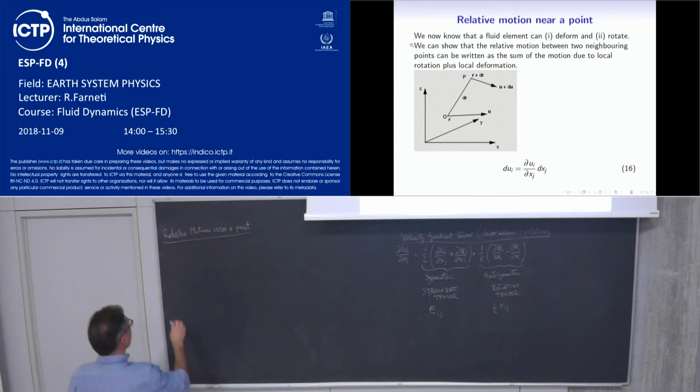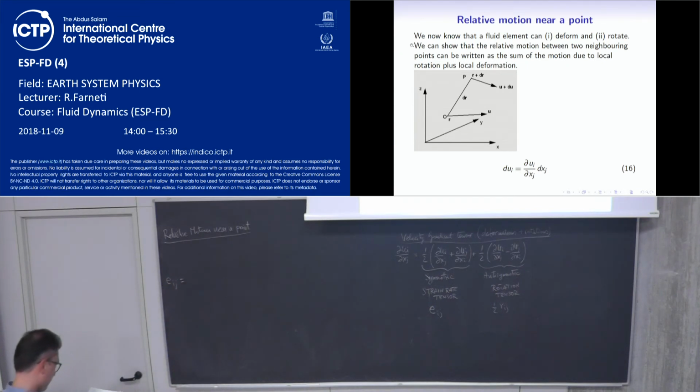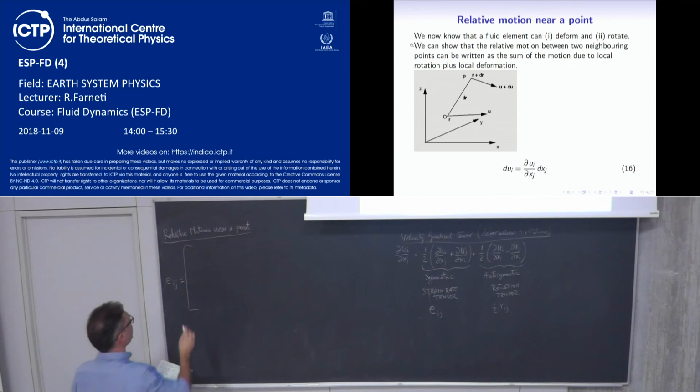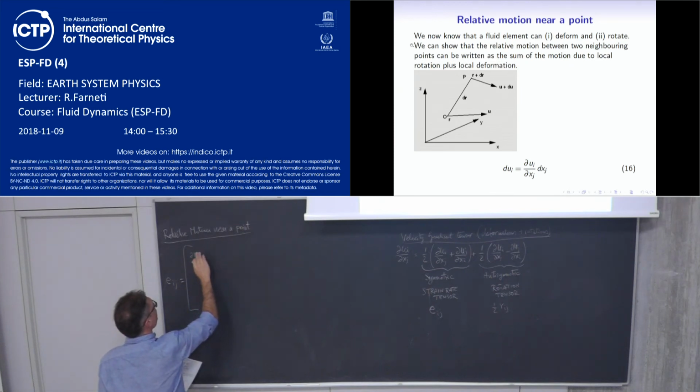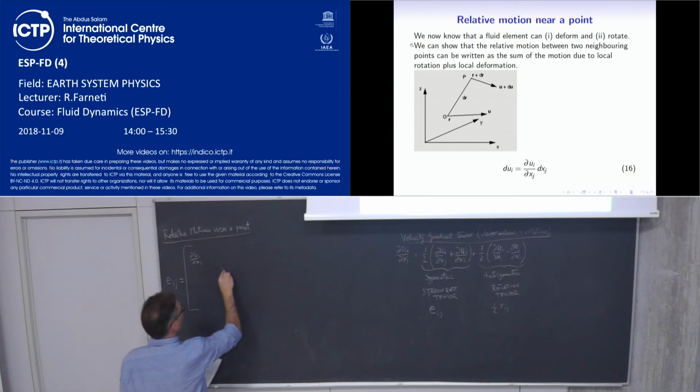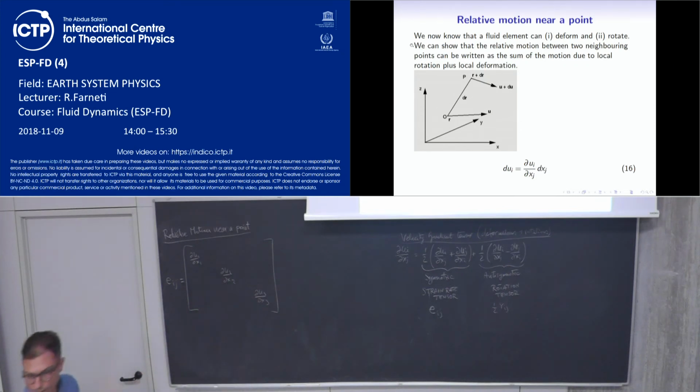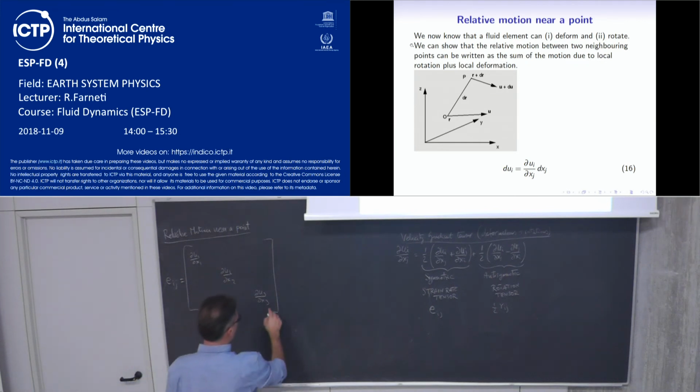Okay, so the strain rate tensor E. If you look at all the components, you have E11, E22, and E33.